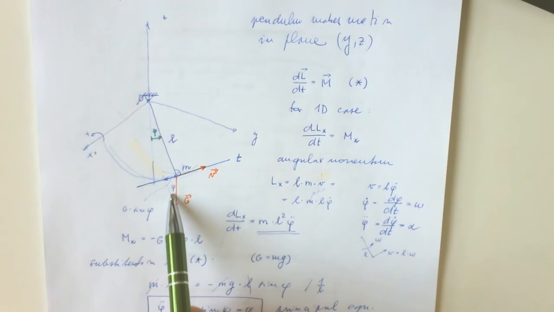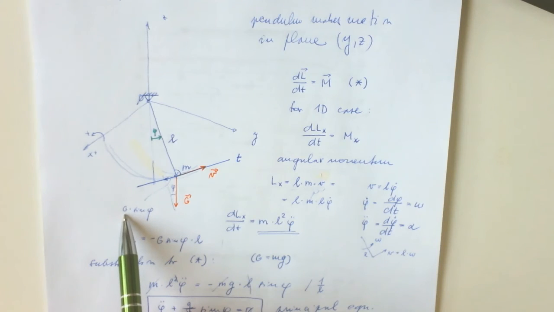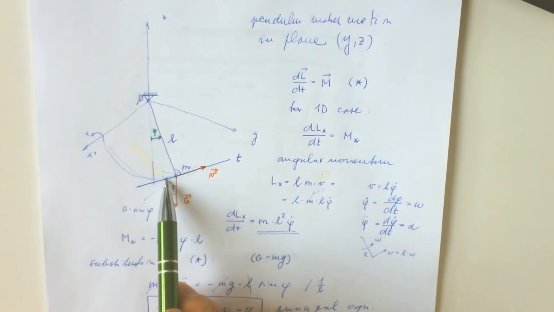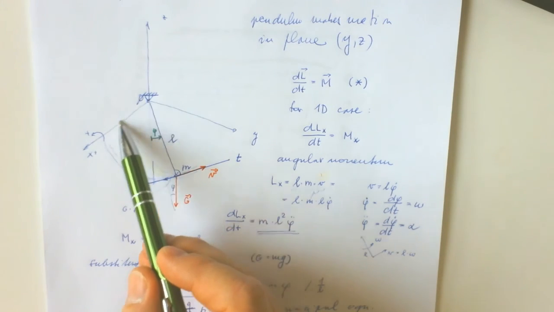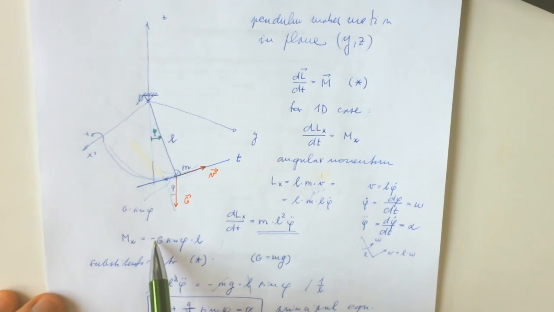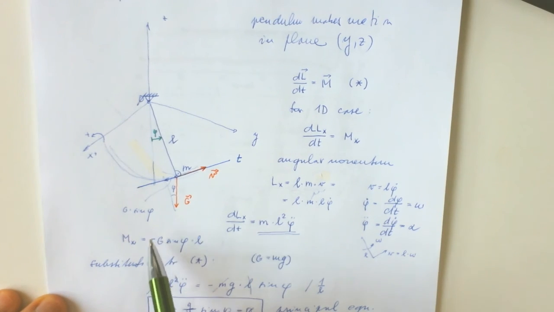There is angle phi again, so this component has a size g sin phi. So the moment of this force g sin phi about the x-axis is g sin phi by L. And finally we need to decide about the direction, plus or minus.